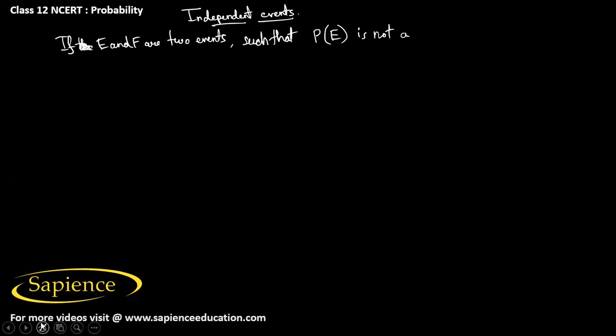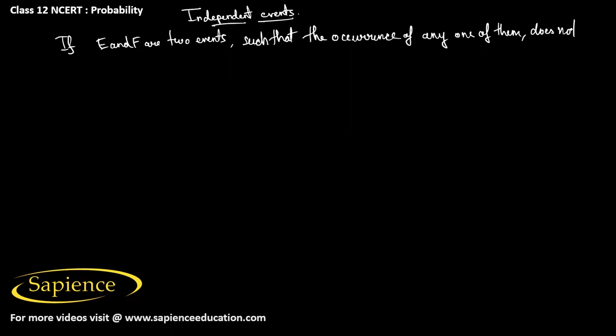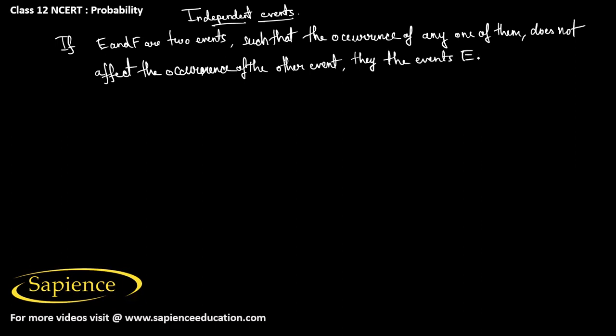It means if E and F are two events such that the occurrence of any one of them does not affect the occurrence of the other event, then the events E and F are called independent events.